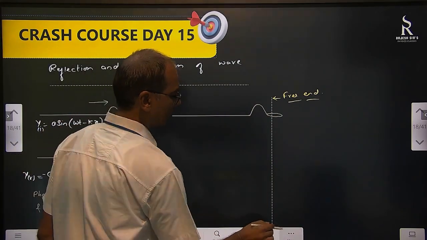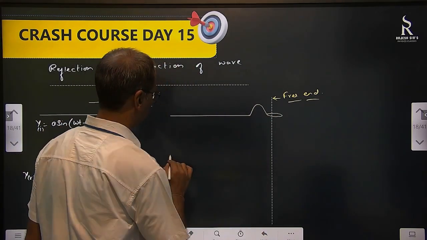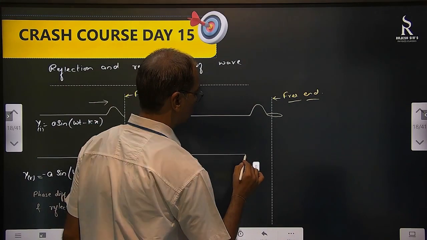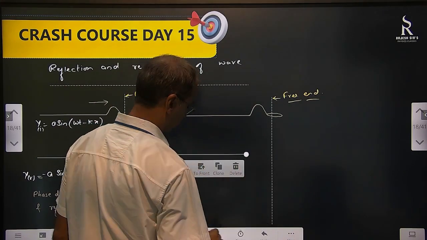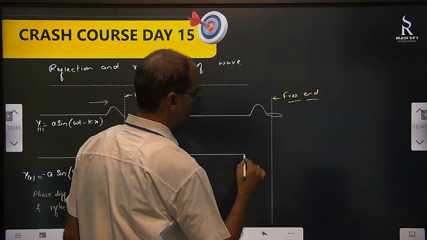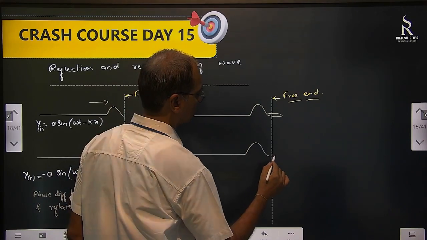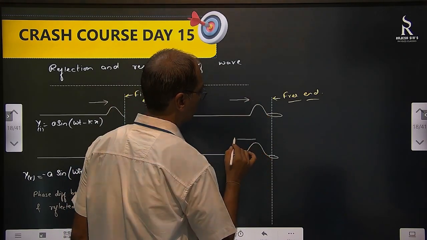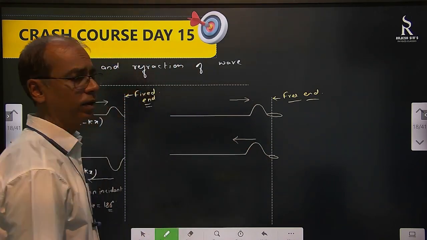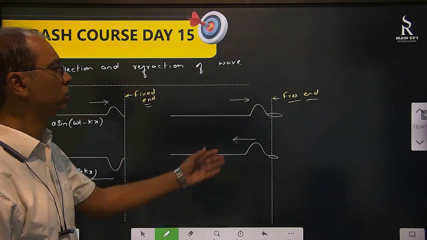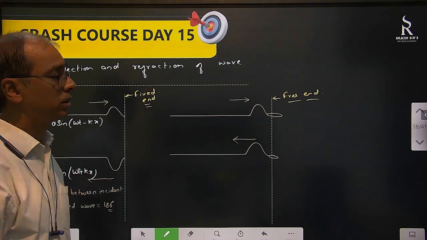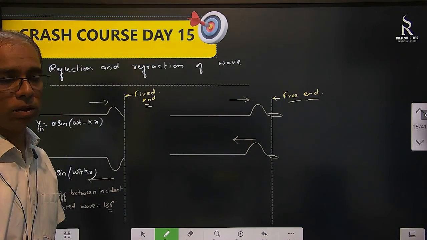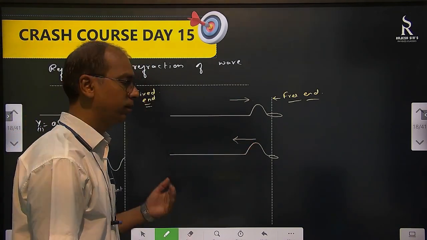Then when it is reflected, it is reflected in the same way. Same way means like this only. Here it is moving in this way, here it is going back. Is there any phase change? No. There is no change in phase. Any change in amplitude? No. Then what has changed? Only the direction of the wave has changed.